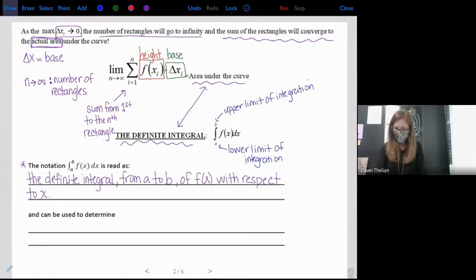The f of x, we would refer to that as the integrand, to say that's the function we're taking the integral of. So if I say something referring to the integrand, that's the function that we're taking the integral of. And then the dx gives us the variable of integration.